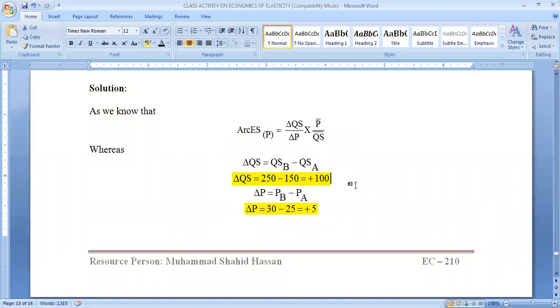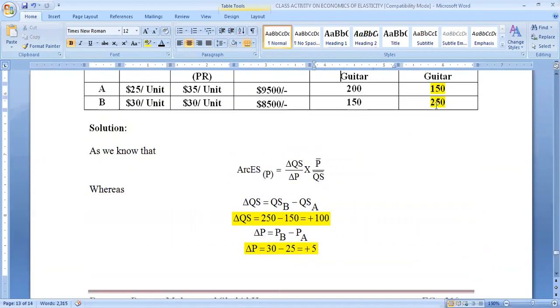So delta QS equals 250 minus 150 equals plus 100. How do we know that QS at point B is 250? It is given in the table. You could look at my selected information.